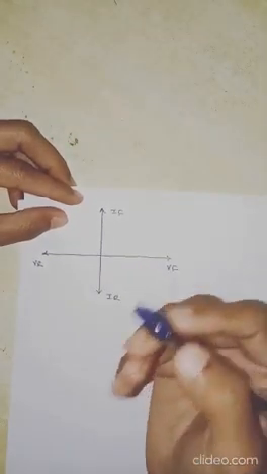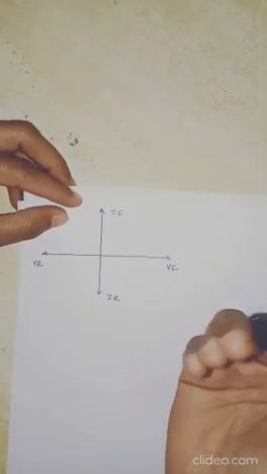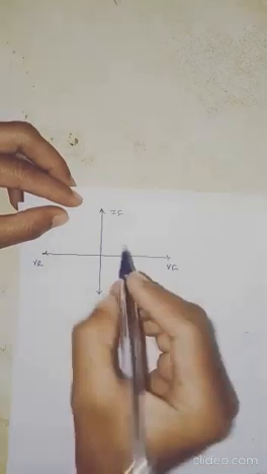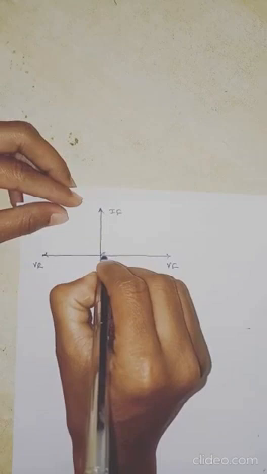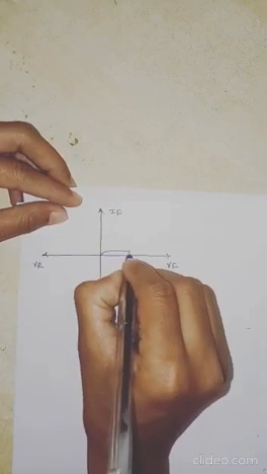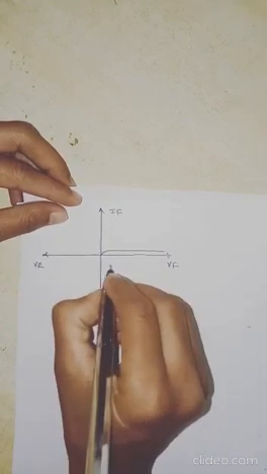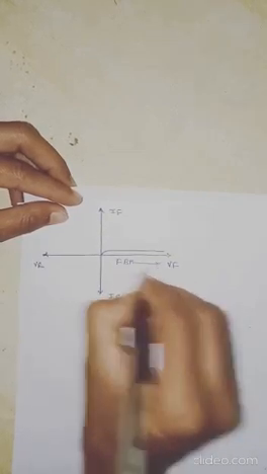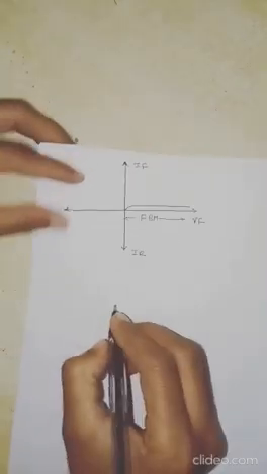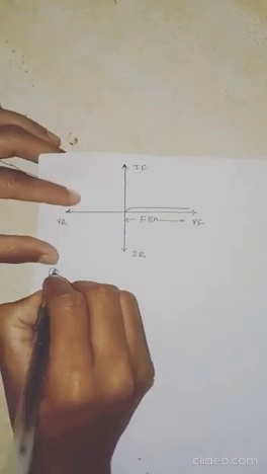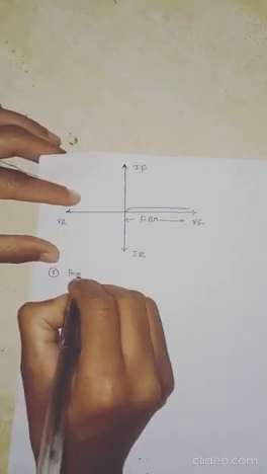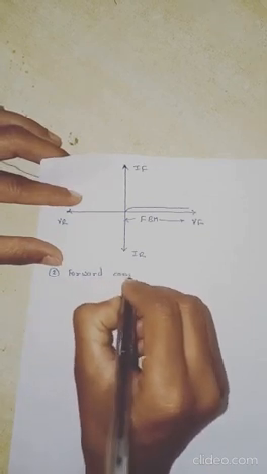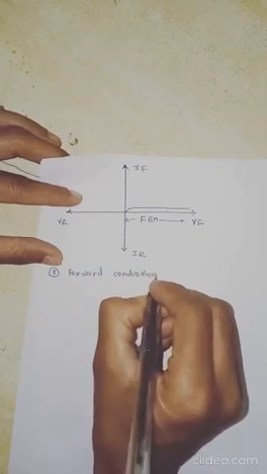As you keep on increasing forward voltage, a small amount of current will flow through SCR. This mode is known as forward blocking mode. Now let us see the second, that is forward conduction mode.